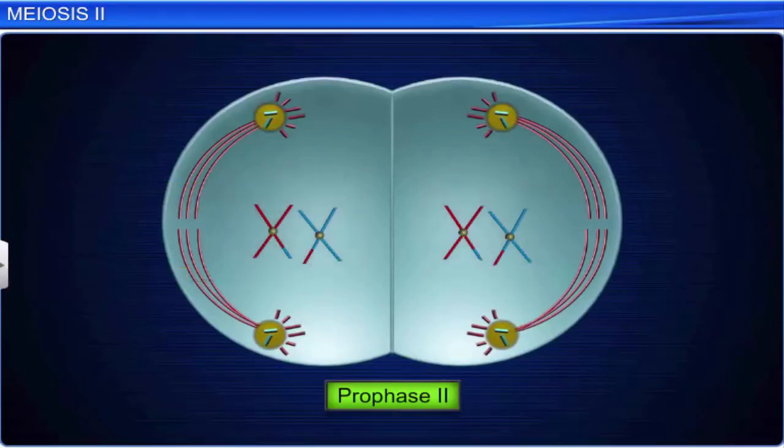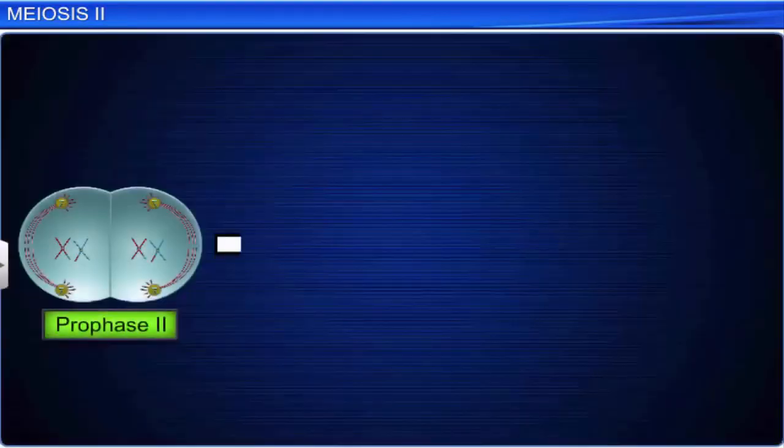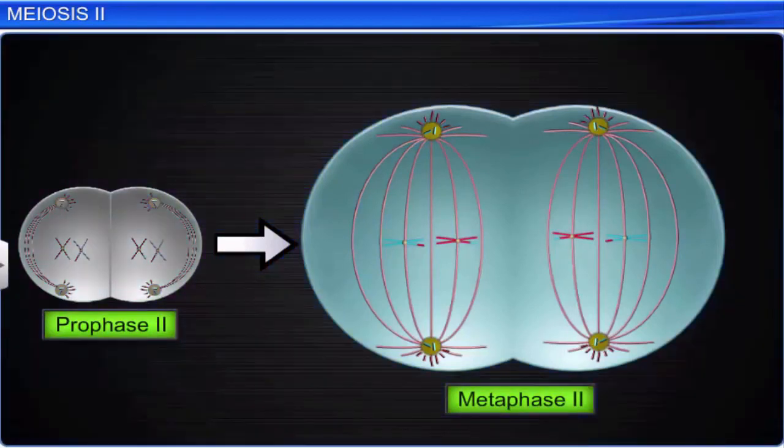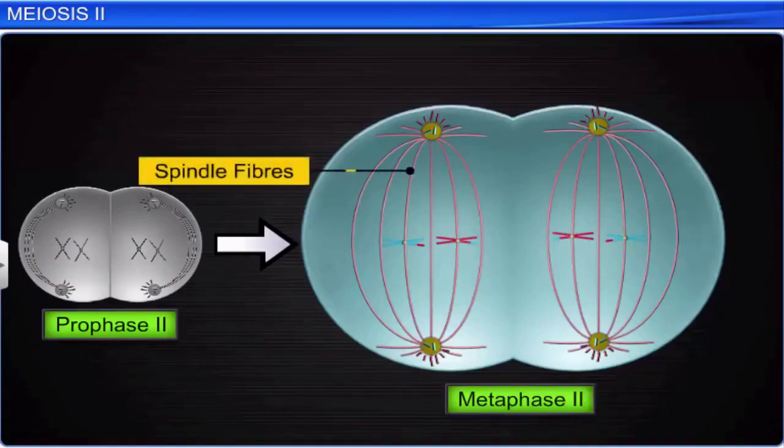Prophase 2 is followed by metaphase 2. During this phase, the chromosomes move towards the equator and align themselves along the equatorial plane. Bipolar spindles are formed, and the microtubules from the opposite poles of each spindle attach themselves to the kinetochores of the sister chromatids.